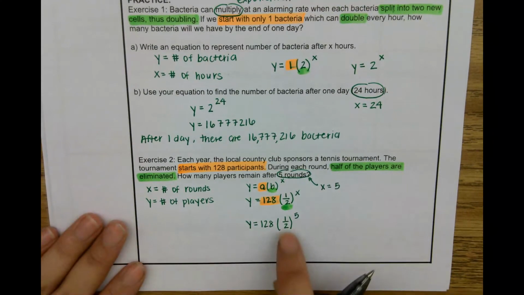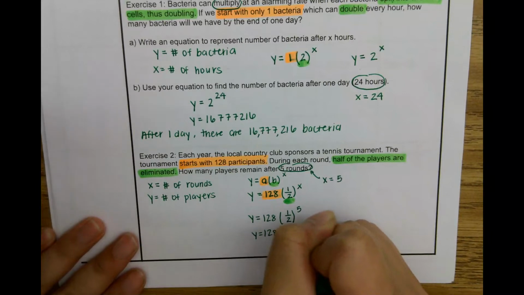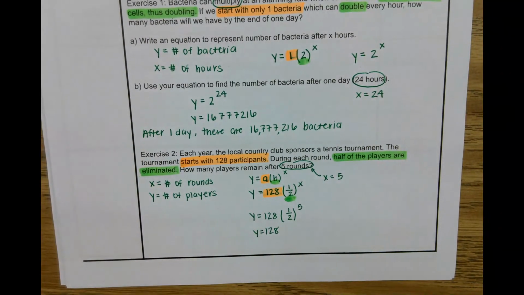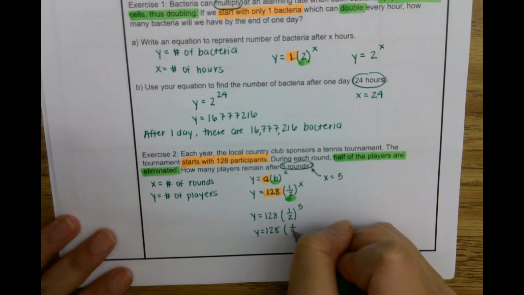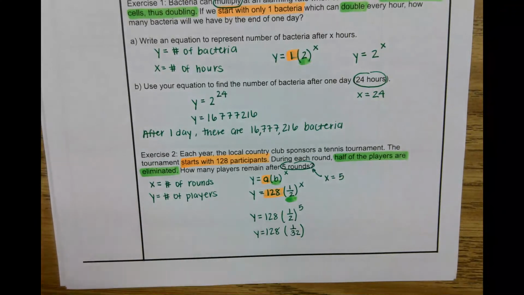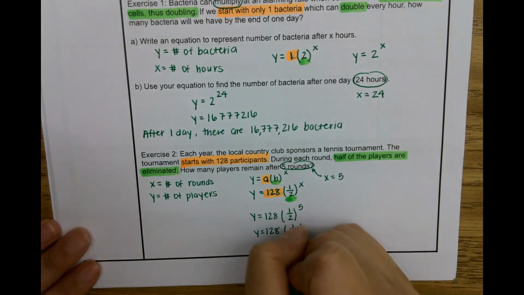Okay, exponents first. So 1/2 to the 5th power is 1/32. And then I multiply by 128 and I get 4.